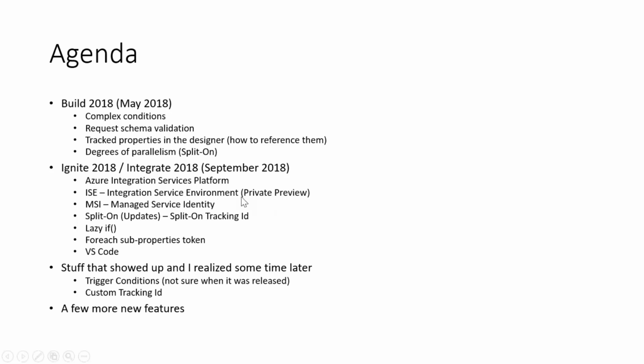I'd like to have a demo on that one, but I didn't have the private preview access. And I think that even if I did, I couldn't have done any presentation on that. So we're still waiting to see how that's gonna show up for us. Talking about managed service identity, a little bit more about split-on updates, what a lazy if means, what a token for sub-properties in a Foreach means, how to work with VS Code, and then later we're going to show also trigger conditions and custom tracking ID.